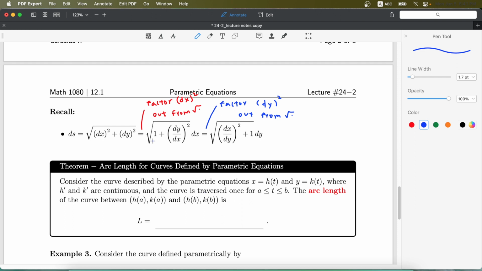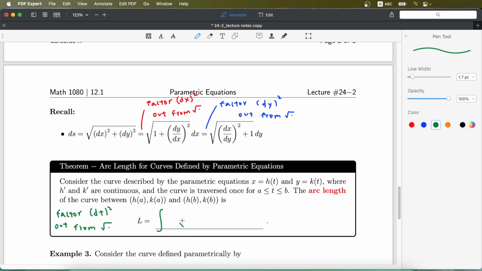So notice that right here, I can factor dx squared out of the square root, so I can integrate with respect to x. Right here, I can factor dy squared out of the square root, so I can integrate with respect to y. So if I want to integrate with respect to t, I need to factor dt squared out from the square root.